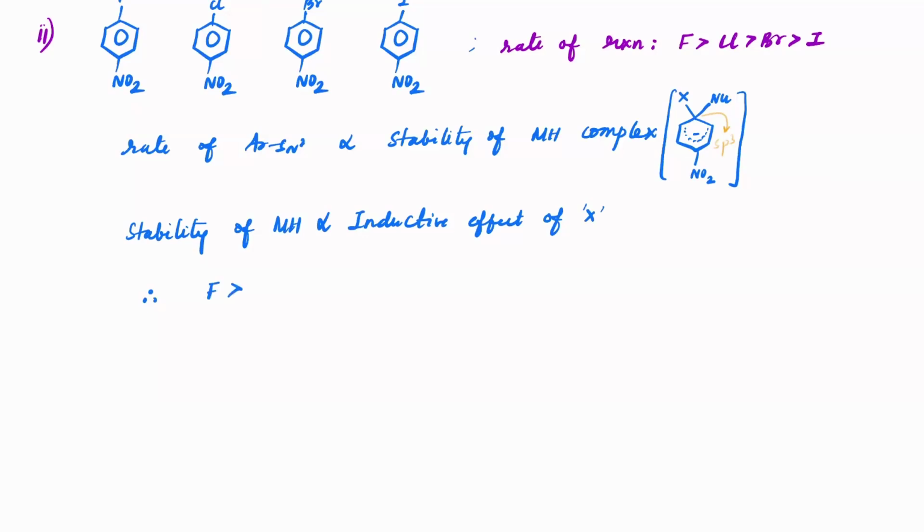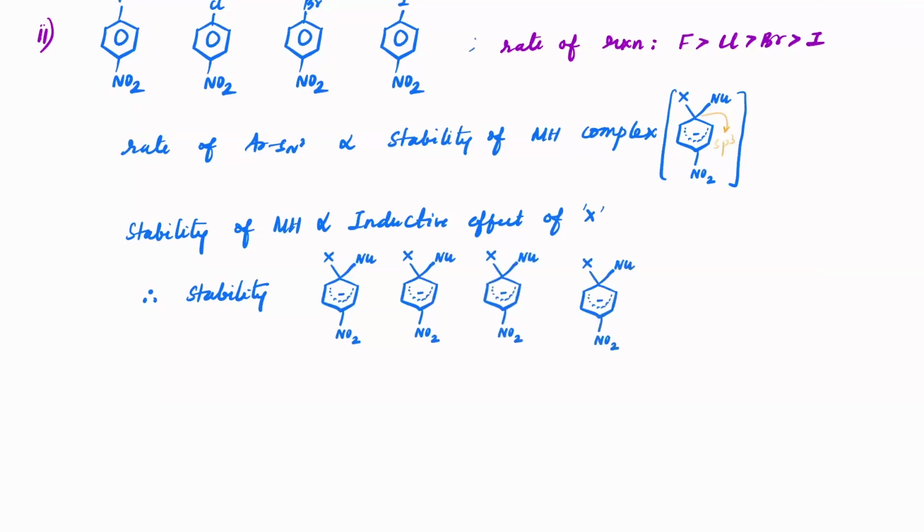Therefore, in the stability order of this Meisenheimer complex, you would notice that if you have fluorine, chlorine, bromine, and iodine, fluorine would be better.